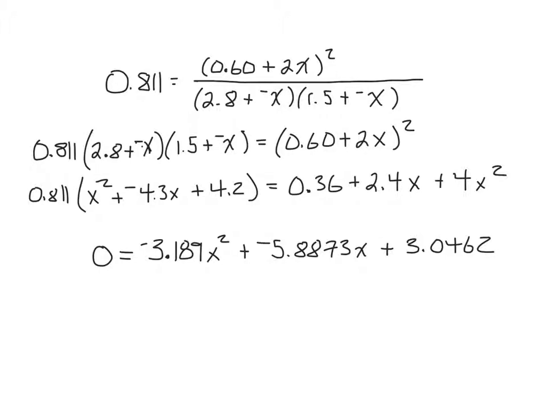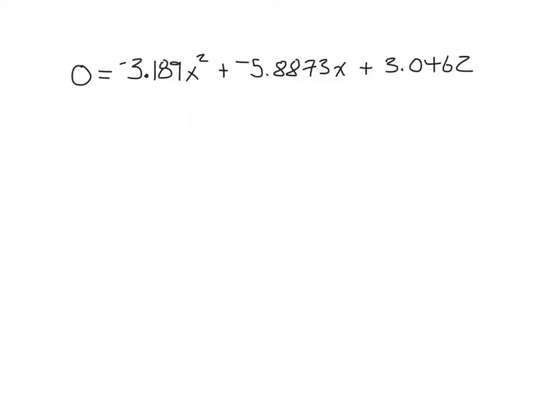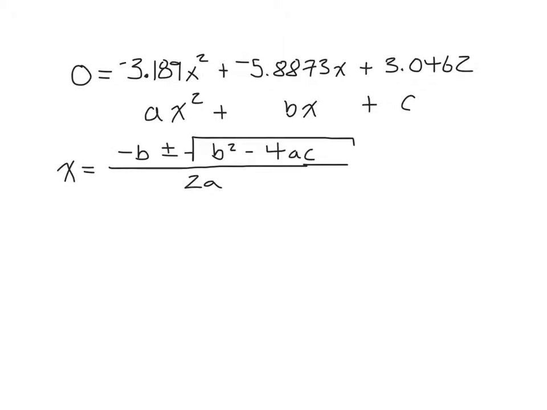It looks something like this, and now we need to find the roots. So where y is equal to 0. What is the value of x where y is equal to 0? This equation again is in ax squared plus bx plus c form, and we can plug it into our quadratic formula given here and solve for the roots.